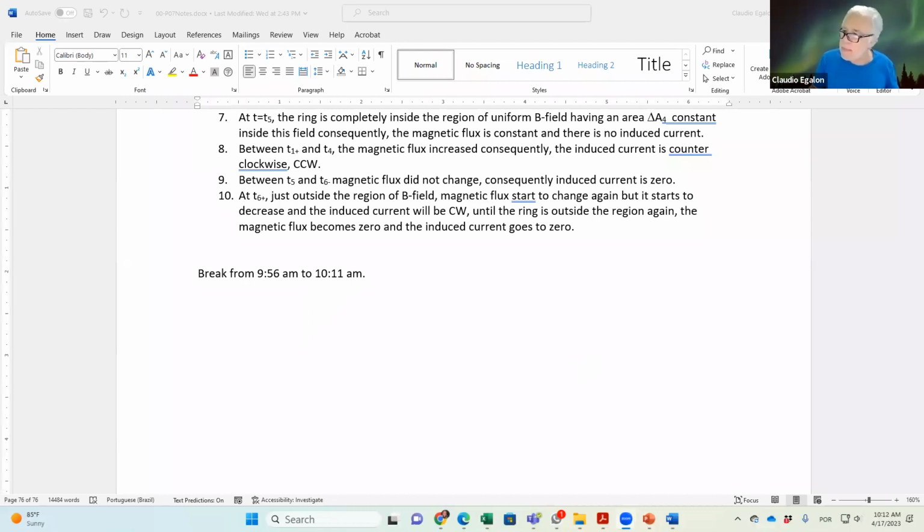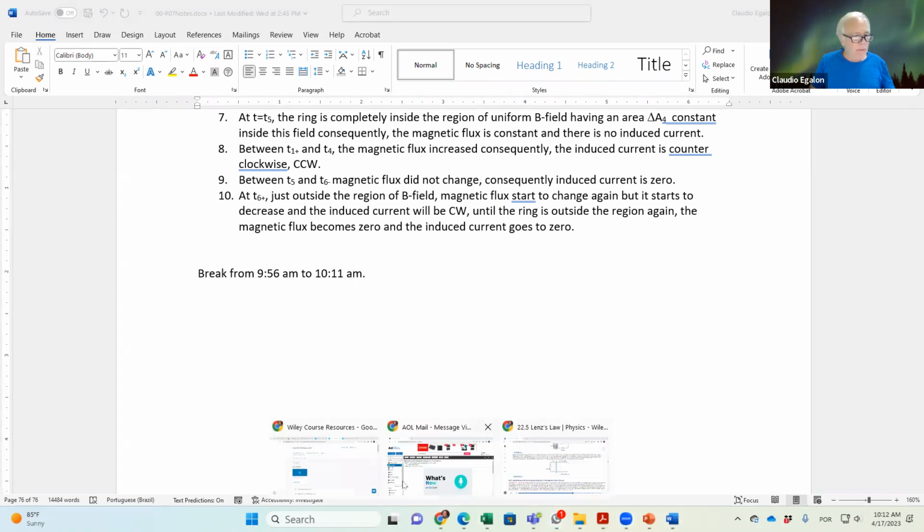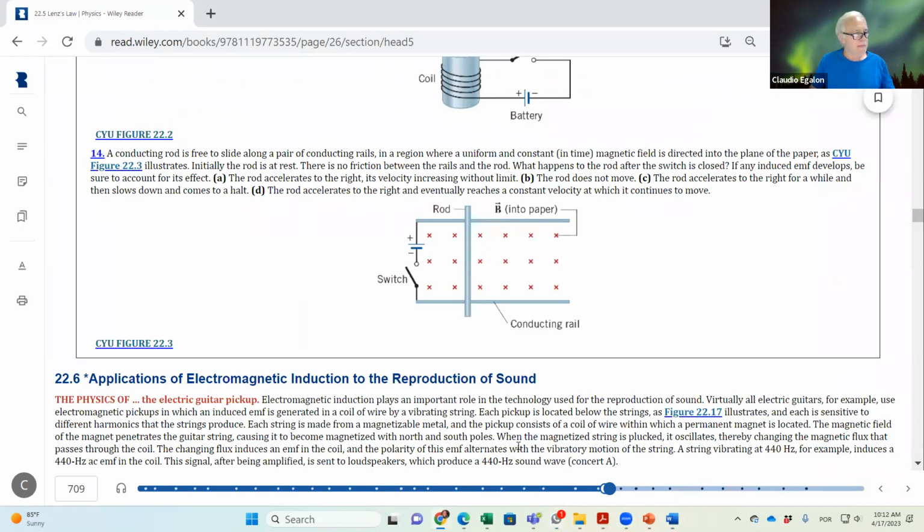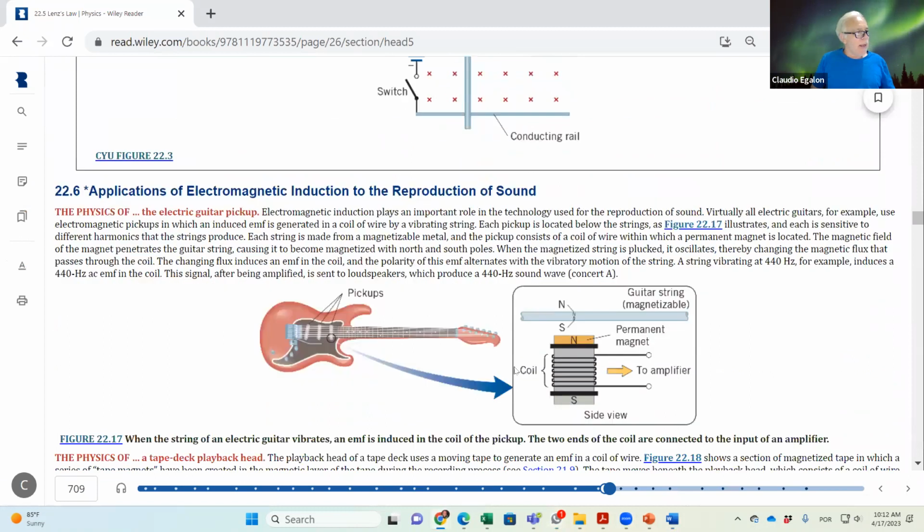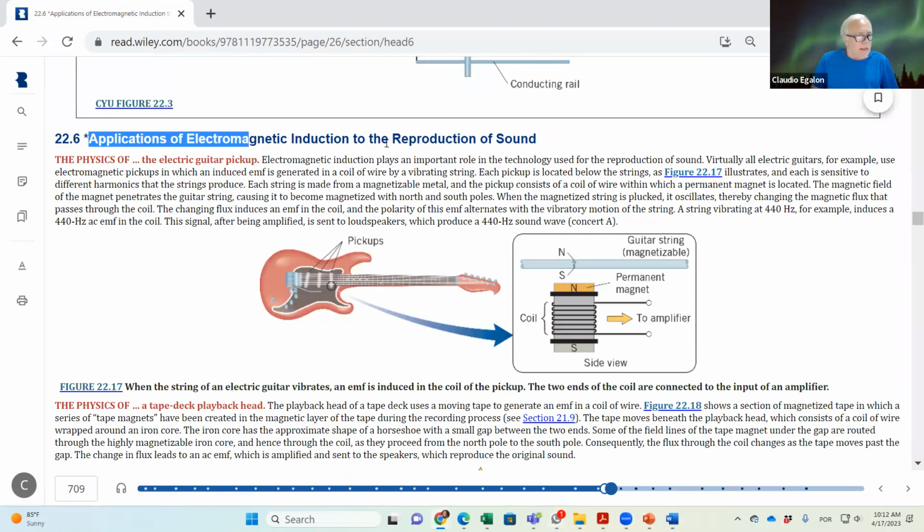Okay. Get back here and see what we have to cover again. So let's take a look here. Okay, we're not going to cover that in detail. I want you to just take a look at yourself, okay? So you can understand how you can reproduce the sound using electromagnetic induction.